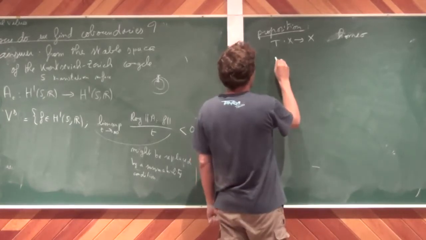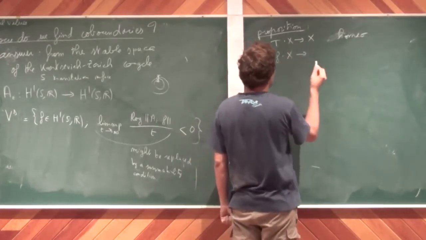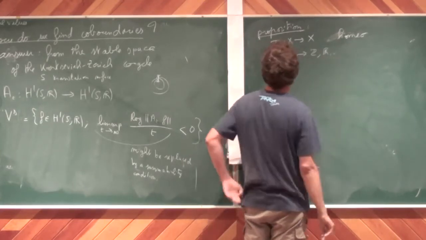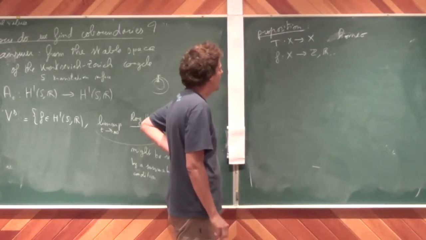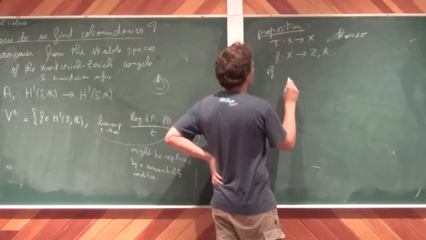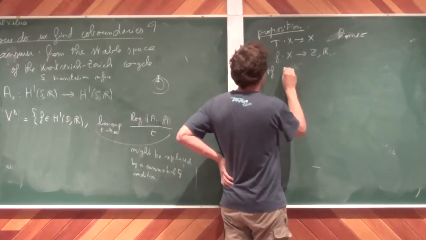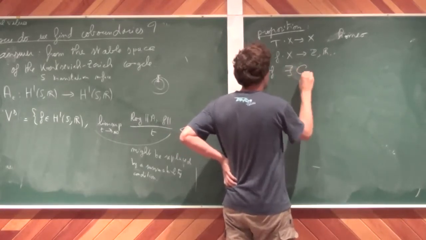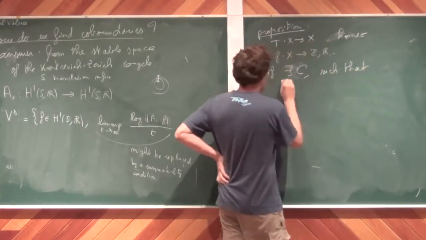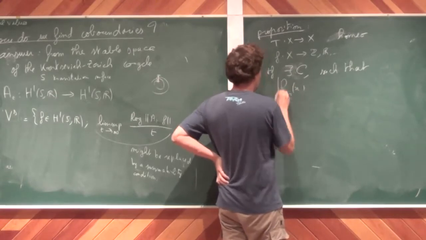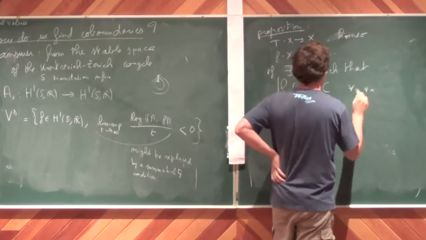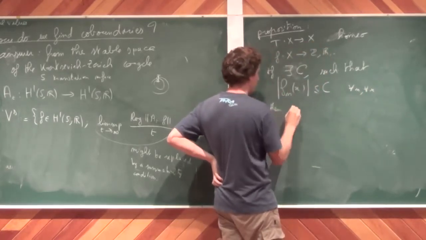And you pick F on X with values in Z or R, or any locally compact abelian group. If there exists a constant such that the Birkhoff sums are bounded for any n and any x, then F is a coboundary.